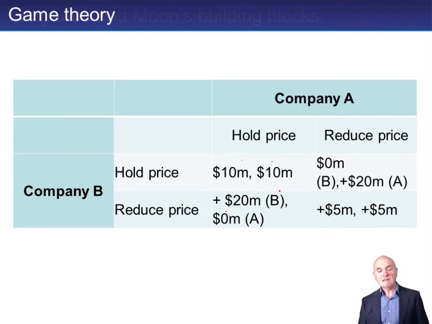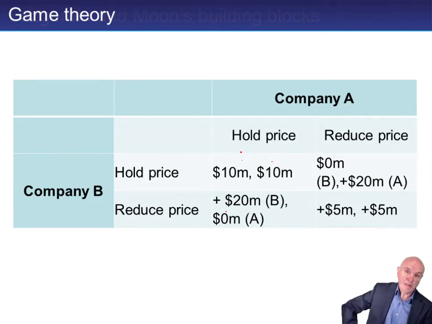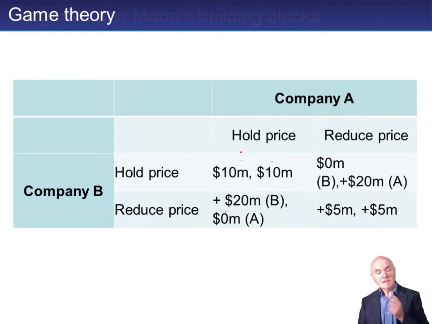We don't need to look in too much detail at this, but here's the example which is in the notes here. Let's say we're two large companies supplying the market, and at the minute, if they held up prices, they would each make sales of 10 million. Let's say we're company A, and we're thinking, should I hold my price or should I reduce my price? If I hold my price, I earn 10.